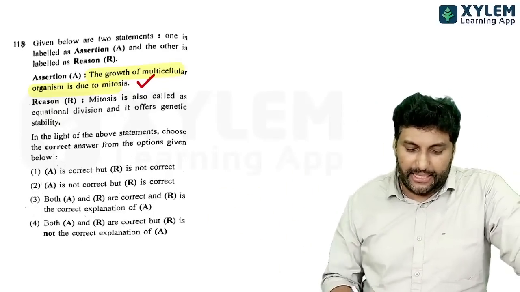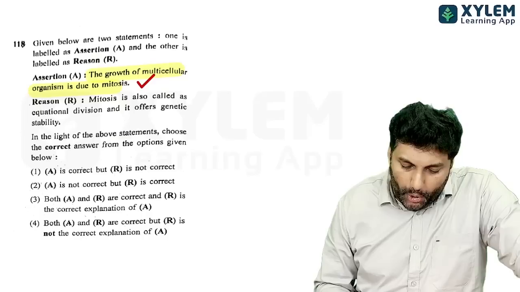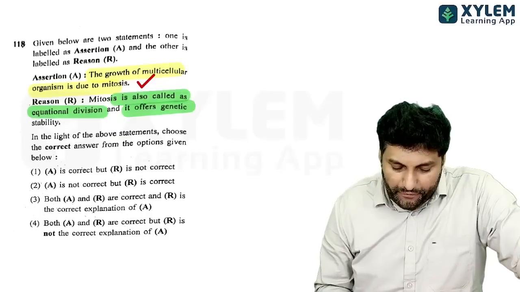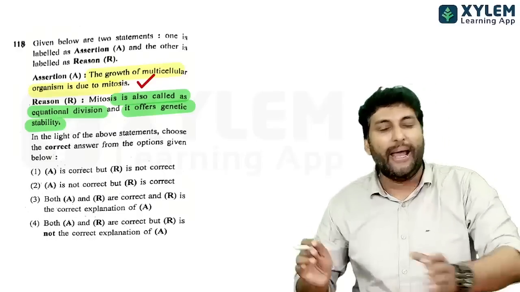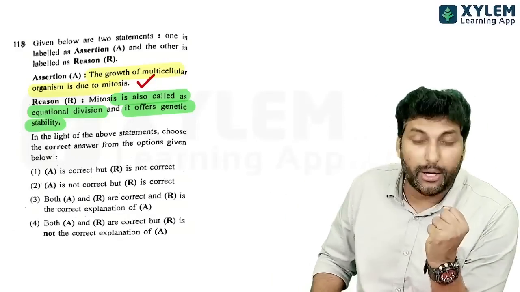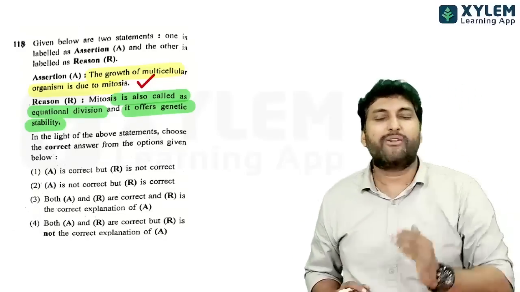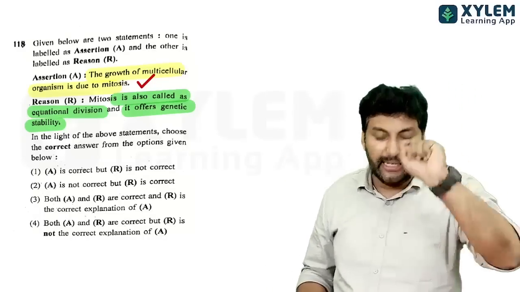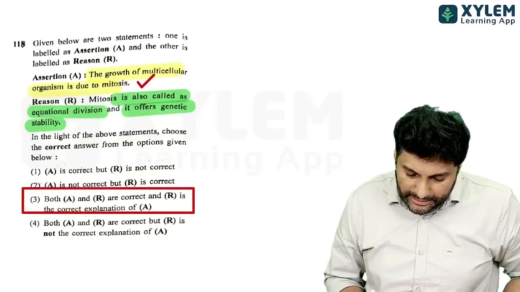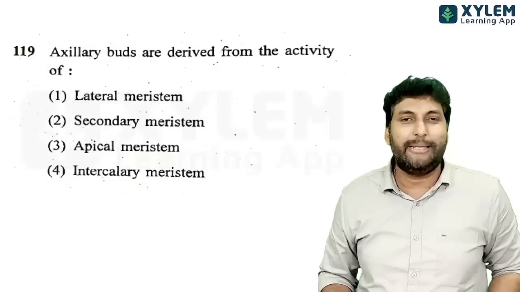The reason given is this: mitosis is also called equational division, right, and it offers genetic stability. And due to this genetic stability only, multicellular organisms can expand, can grow. So both assertion and reason are correct, and the reason is the correct explanation. So we can see that the third one is correct. 3 is the right choice. Again, let's move to 119.